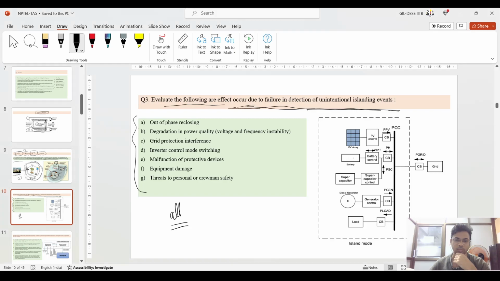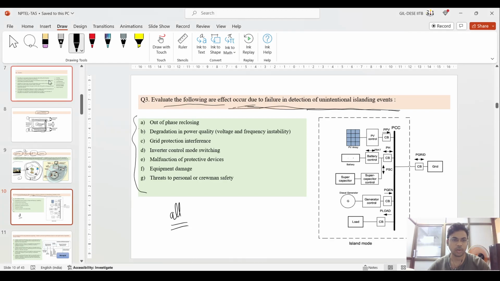I have got one answer that all are correct. Okay, I have got one more answer from Gobi Krishna that A, B, C, E, F is correct. A, B, C, E, F means D is the only false. Inverter control means switching.